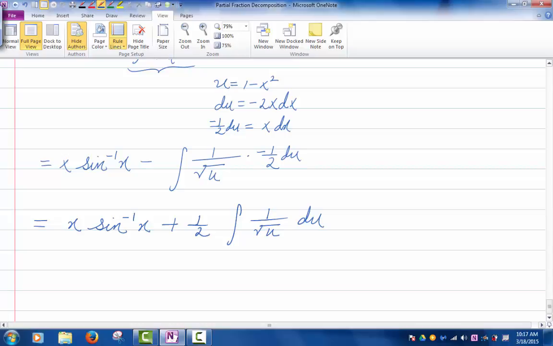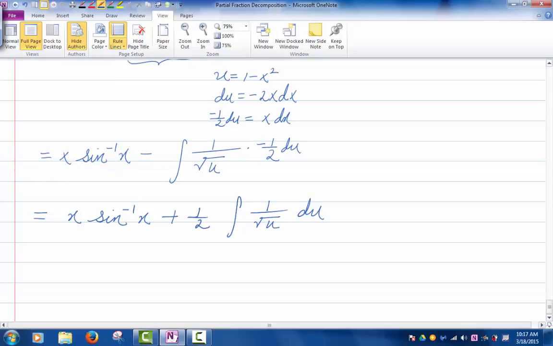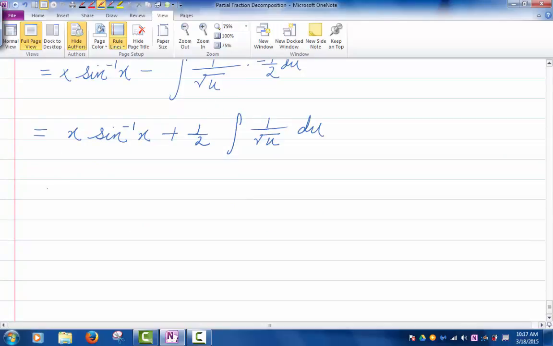Yes. So we get x sine inverse x plus half times 2 radical u. That's the integral, and at the end I can add a c.